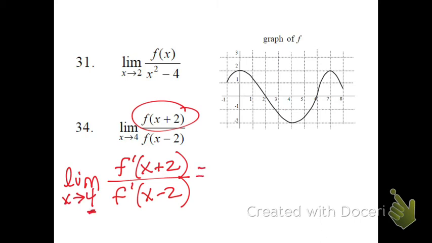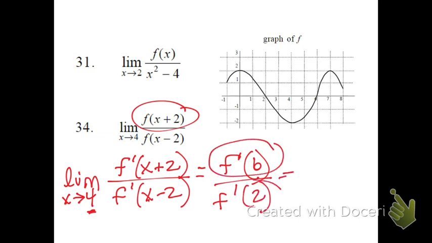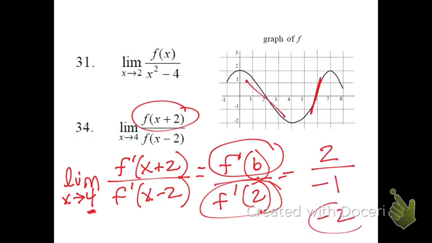So now we get f prime of 4 plus 2, which is 6, and f prime of 4 minus 2, which is 2. That means we're going to be finding the slope at 6 and the slope at 2. The slope at 6 is, I'm going to estimate it to be a +2. I don't really know exactly what it is. And f prime of 2, that's the slope here, -1. So this is approximately -2.